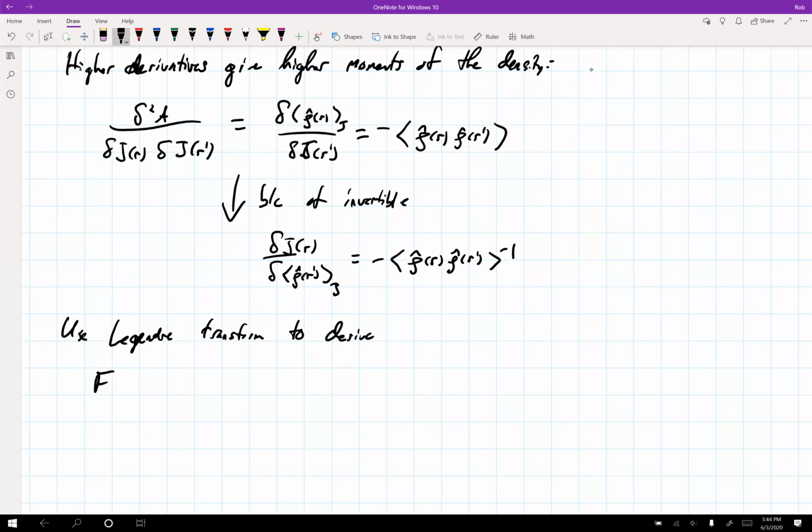I'm just going to use f for that Legendre transform variable, and it's going to be a function of average rho hat. We're going to define this thing to be A of J, using the usual Legendre transform definitions, minus the integral dr of J of r times the derivative with respect to J of r.